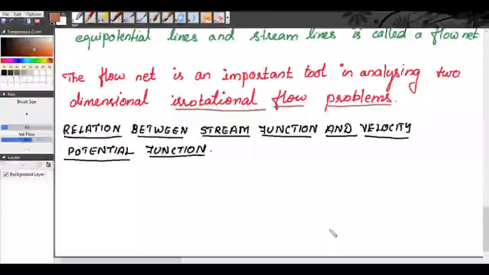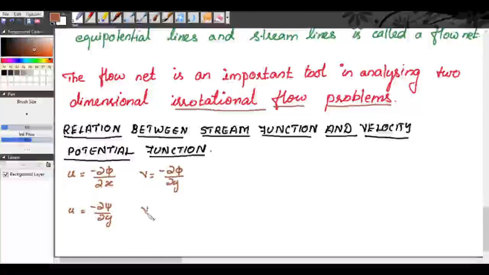Now, what is the relationship between stream function and velocity potential function? So we know for the velocity potential function, u is equal to minus dou phi by dou x and v is equal to minus dou phi by dou y. Similarly, for a stream function, u will be equal to minus dou psi by dou y and v will be equal to dou psi by dou x.